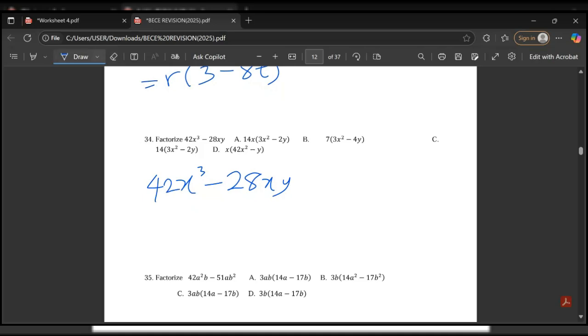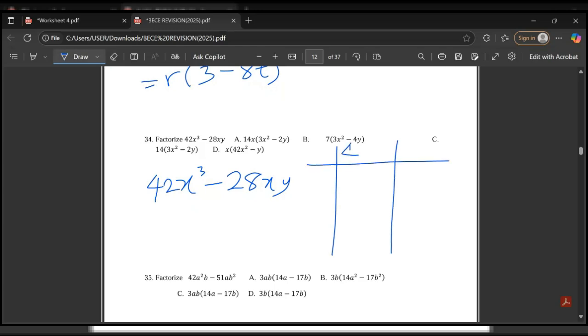So what can go into 42 and 28? Let me give you a shortcut to this. You do it as if you want to do LCM. 42x cubed and 28xy. So 2 can go first.